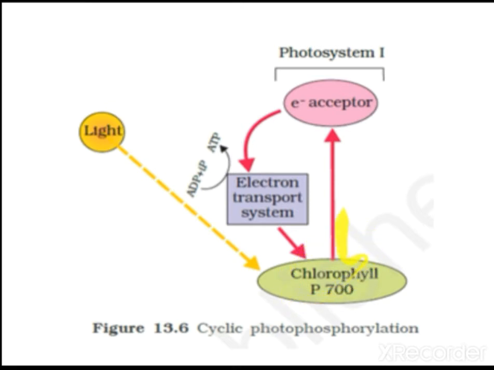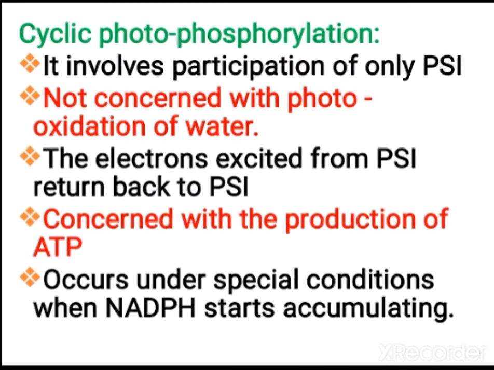The electron is passed through the electron transport chain and returned back. Only ATP is produced, with no production of NADPH, and it occurs when the NADPH is getting accumulated. This is how cyclic phosphorylation occurs.